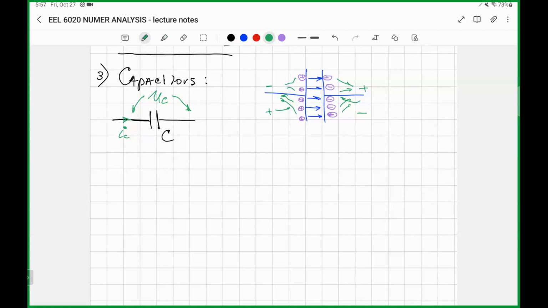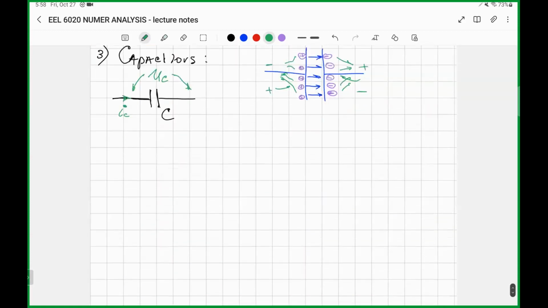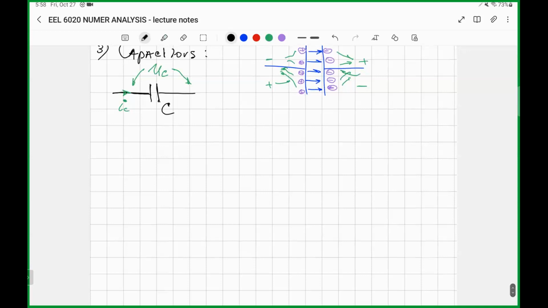If the voltage across the capacitor is 0, then the current is 0 because of this insulator. When this voltage changes in time, it causes current in the system. So we conclude that the current through the capacitor is given by the time derivative of the voltage across the capacitor times some constant, and this constant is known as capacitance.